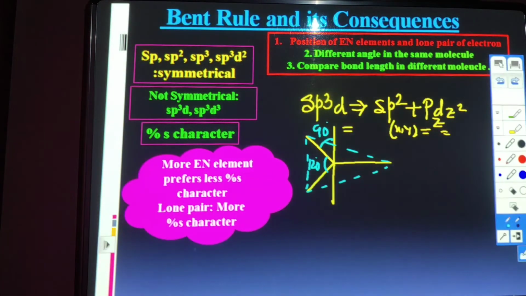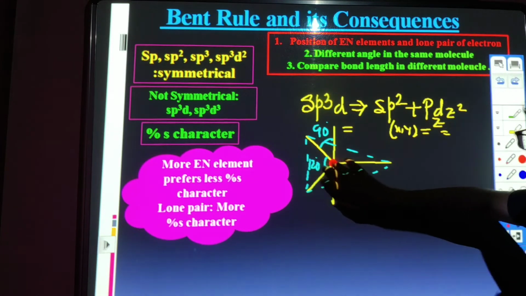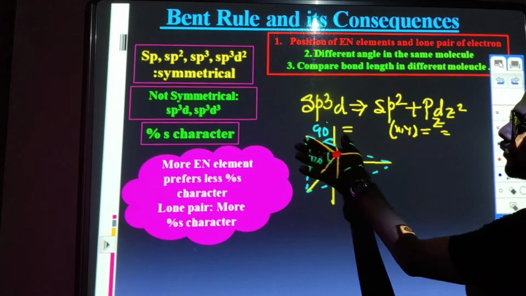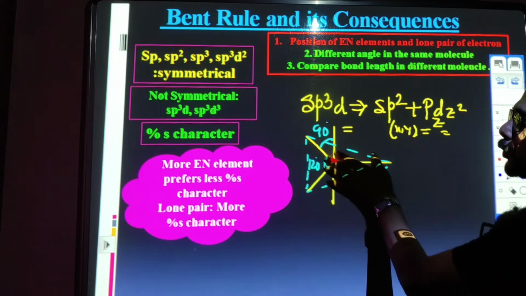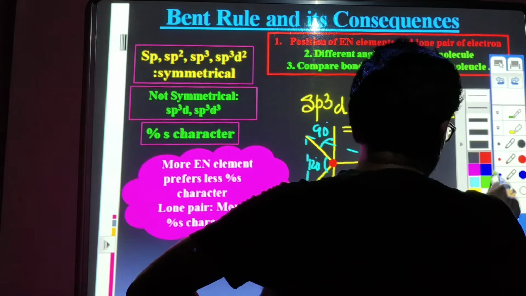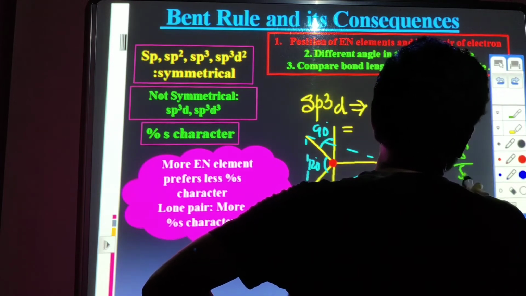Now here, if you calculate the percentage of S character, what will be the percentage of S character in these equatorial positions? I have just now written a formula: cos theta is equal to S divided by S minus 1.